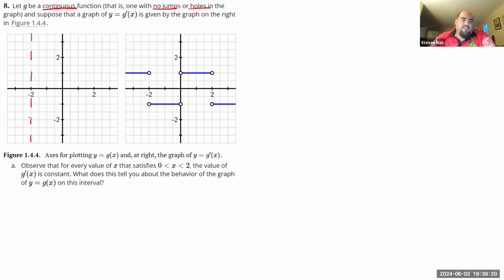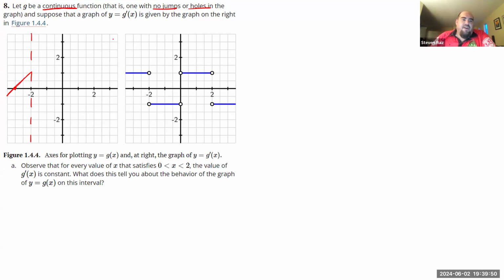We're not really told where this graph begins, but let's just pick a place. Let's start at the point (-2, 0). Again, this is very arbitrary, but I want to have a slope of +1 from here. So I need to have a straight line like this, which has a slope of 1 everywhere.